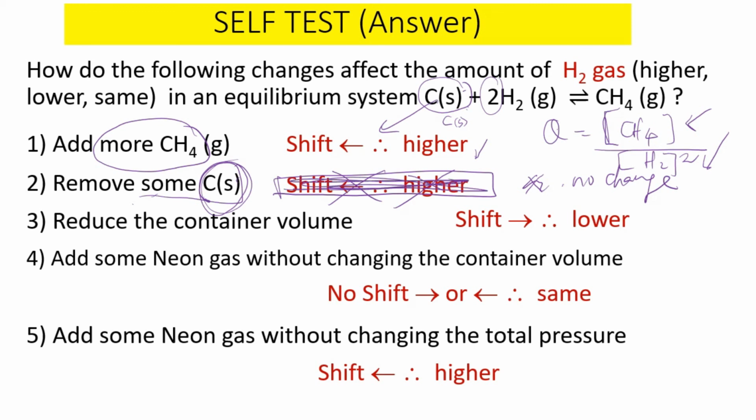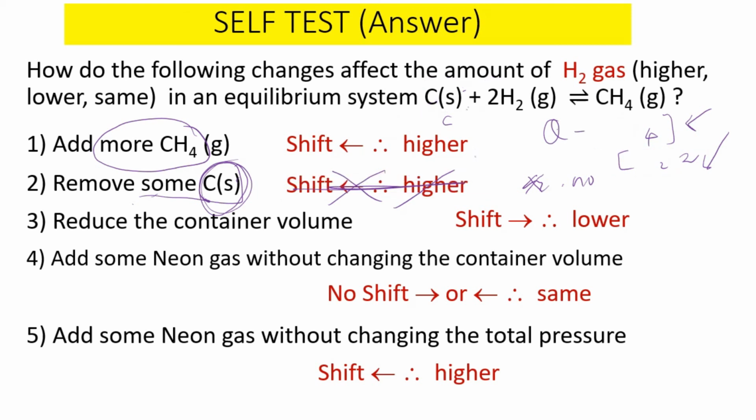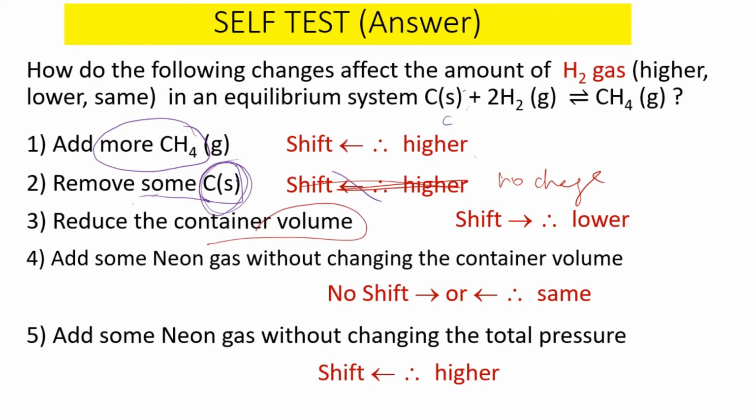Then we have the volume. If we reduce the volume, what happens? Reducing the volume will increase the pressure. So Q equals the pressure of products divided by the pressure of reactants raised to the coefficients.